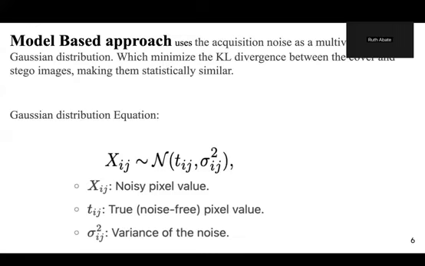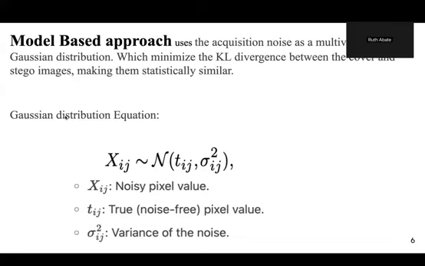Let's break this down. The Gaussian distribution, also known as the normal distribution, is a bell-shaped curve that describes how data is distributed around a mean value. In this context, the Gaussian distribution models the acquisition noise at each pixel. So let's look at this equation.